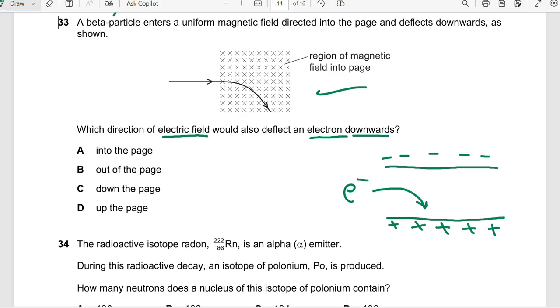This means that the electric field, as you know, always goes from the positive towards the negative. This is the electric field, right? So the option is up the page, or to the top of the page. It's option D. I hope it's clear.